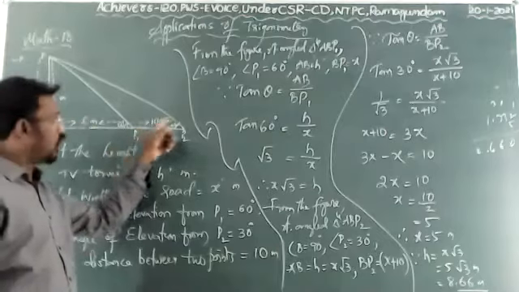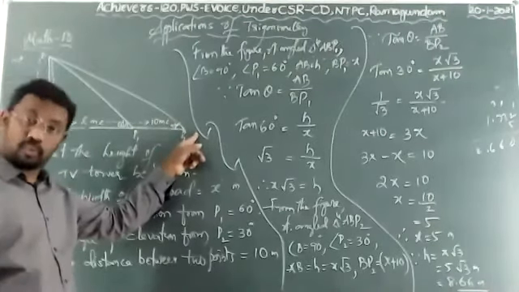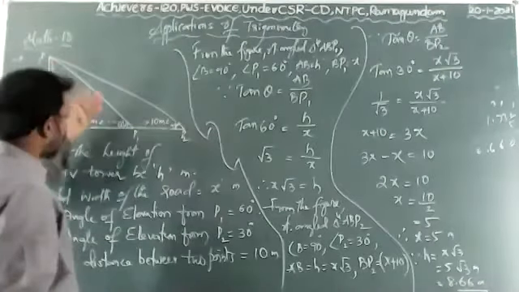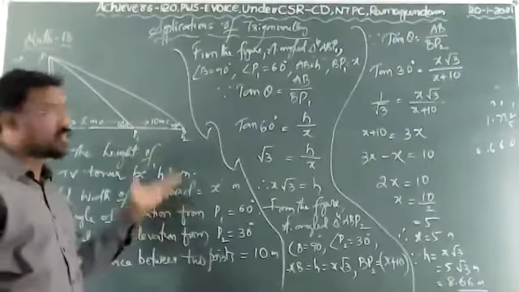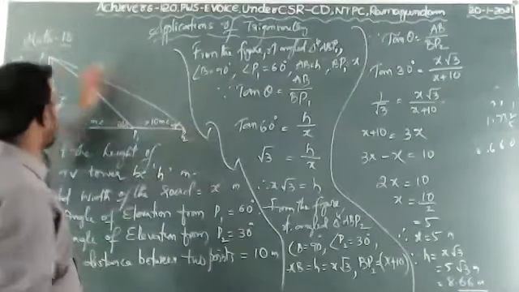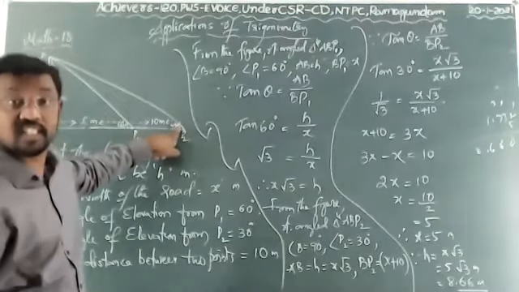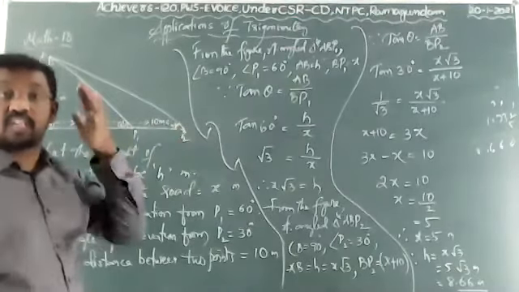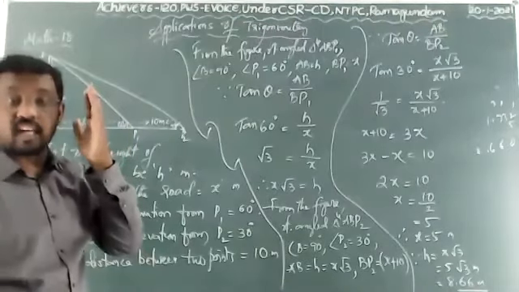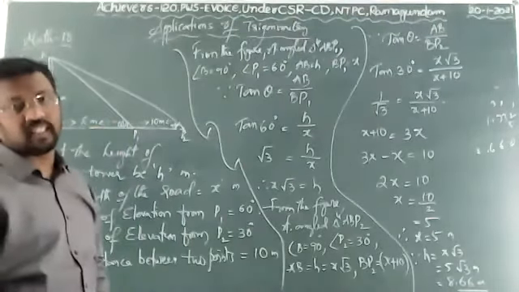From the point 10 meters away, the person is observing the top of the tower again with an angle of elevation of 30 degrees. Then what is the height, and what is the width of the road? He is asking the question to find.